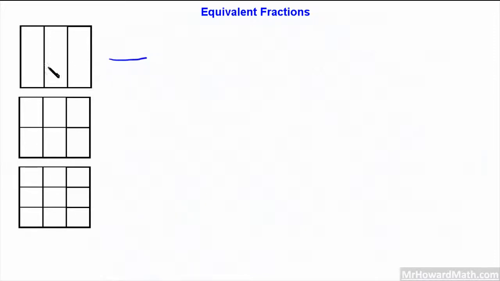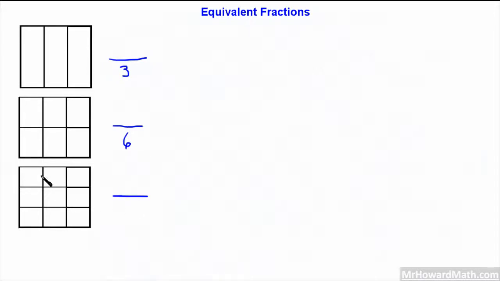All the same size. This is split into how many pieces? 1, 2, 3. Denominator is the number of pieces it's split into, right? So the denominator here would be what? 1, 2, 3, 4, 5, 6. 6 pieces. Okay?